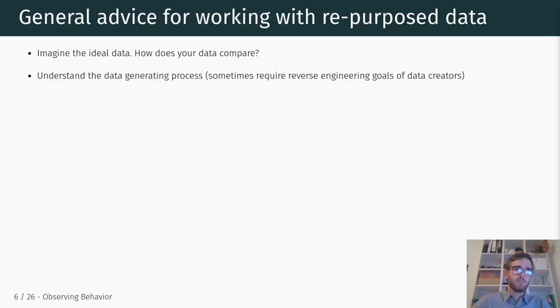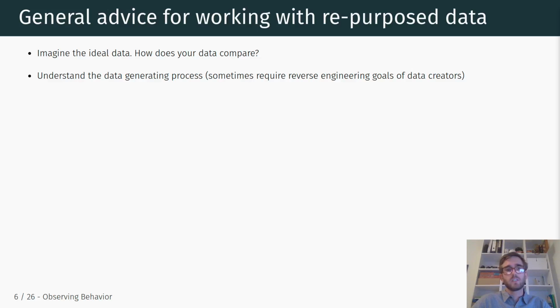The second piece of advice for working with repurposed data is that it's really important to understand the data generating process. And that is because, as I mentioned before, usually when we work with big data, these are collected by third-party agencies, government or business, that had a different purpose in mind.